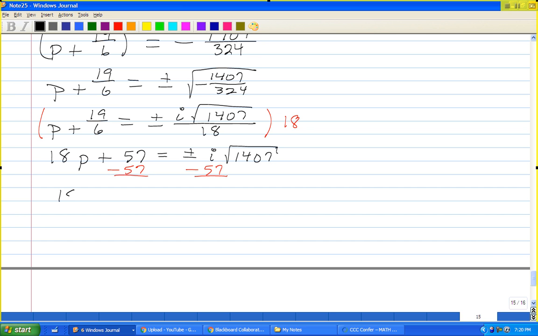And so you get 18p is equal to negative 57 plus or minus i rad 1407.